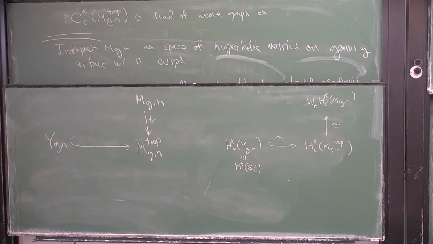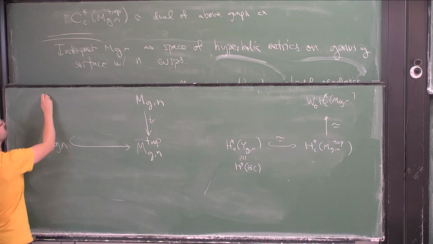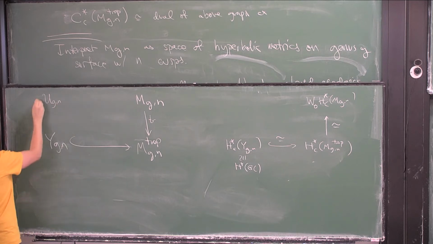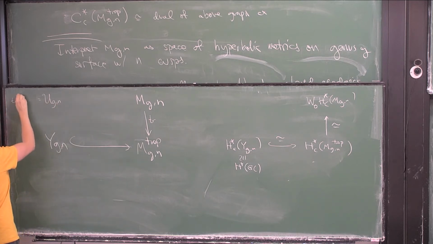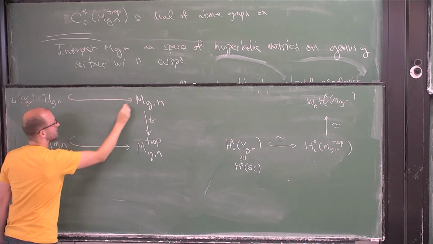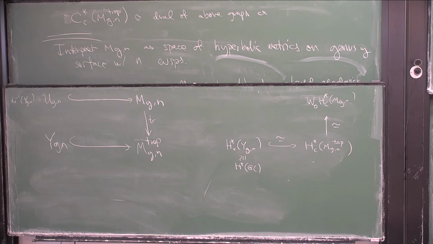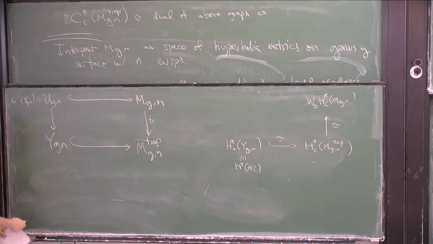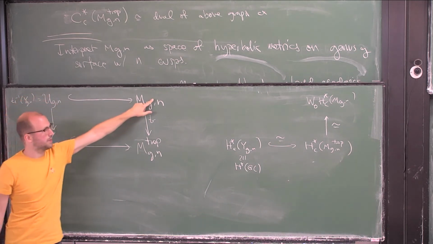But now, if you look at this diagram, you see that there's another way to factor this. Suppose I define UGN as the inverse image of YGN, and that's open in GN. It naturally has a proper map down here. So I can take compact cohomology, put it back here, and then map into here.